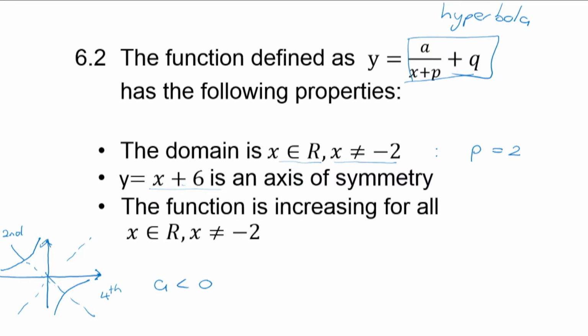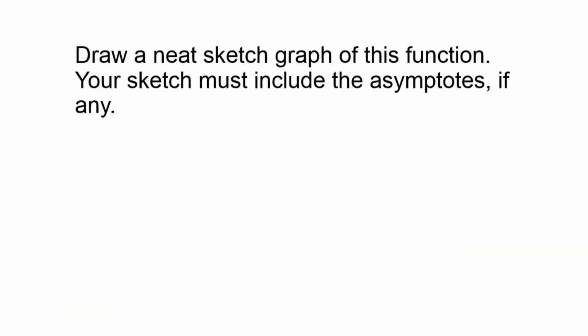My point is that the two asymptotes and the two axes of symmetry must pass through the same point. This axis of symmetry, y equals x plus 6, is a straight line, and it's going to pass through the intersection of the asymptotes, where the asymptotes cross. This fact is very important for this graph.